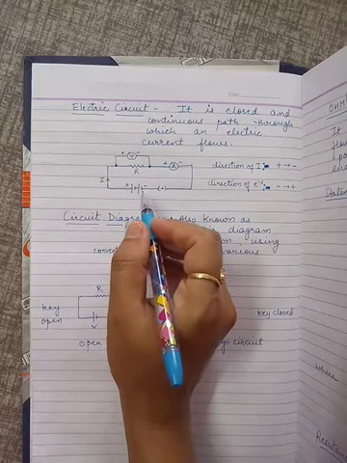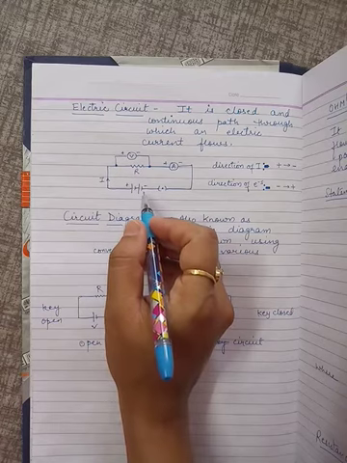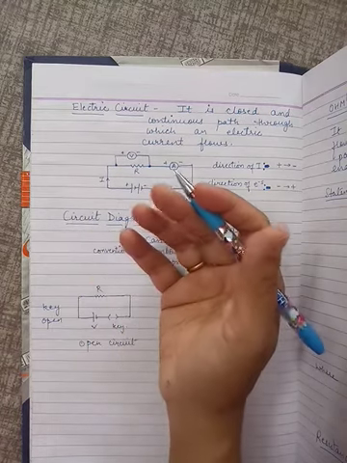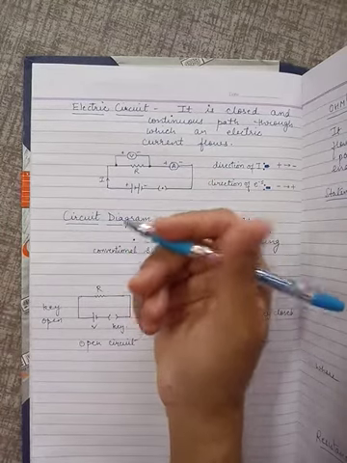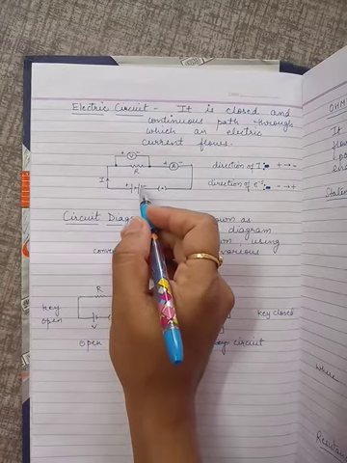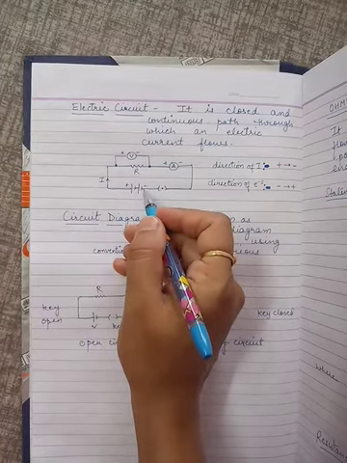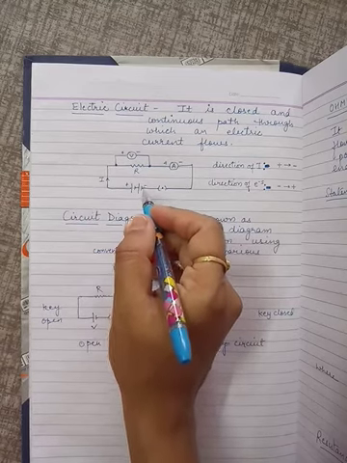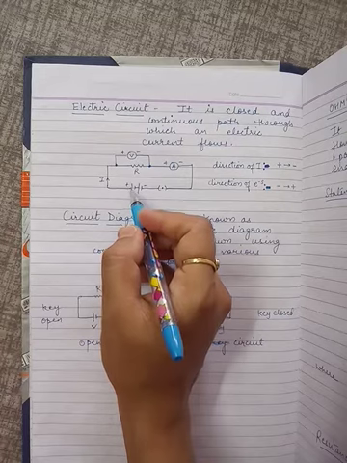This is the concept based on the diffusion process, that is, from higher concentration towards lower concentration, the particles will move. Here the particles are electrons. Higher concentration of electrons is present at the negative terminal, that is why it is called the negative terminal of the battery. And towards the lower concentration, they will move.